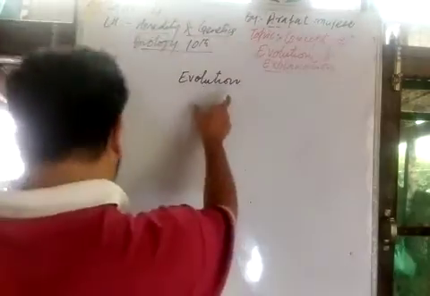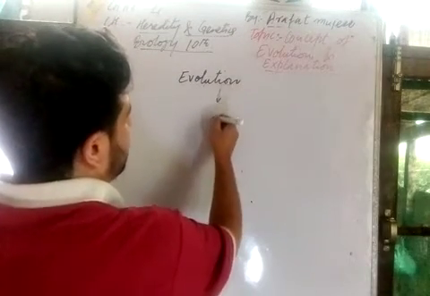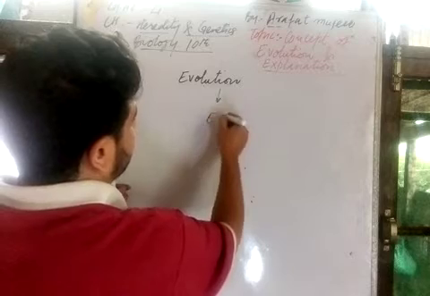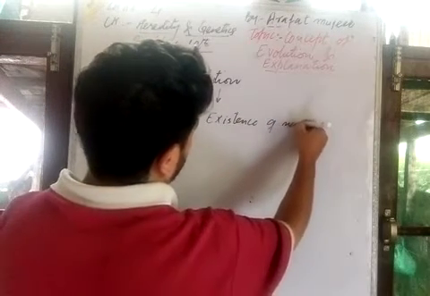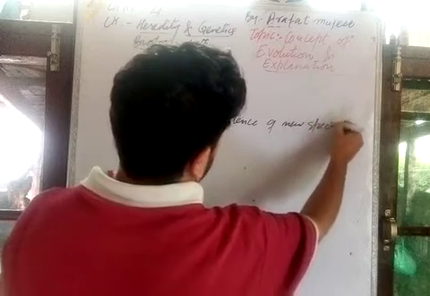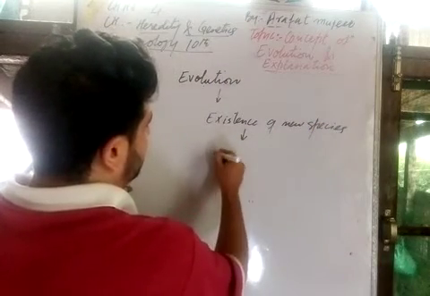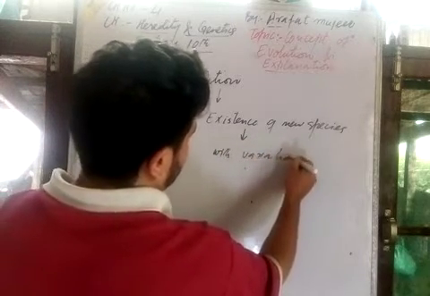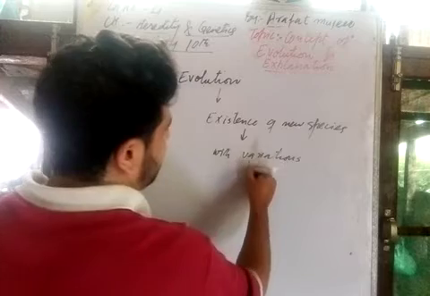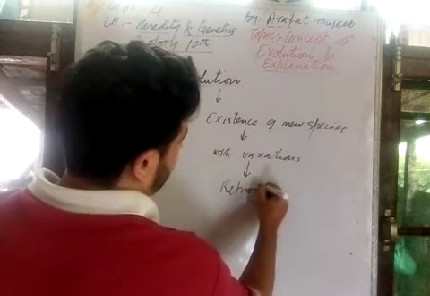तो यहाँ पे जो variations आती है organisms में, concept पढ़ रहे हम evolution. यहाँ जो evolution में हमने क्या देखा है, existence of new species, याद रखिए इसको. When there is the existence of new species, it is with variations, and these variations take place by means of reproduction.